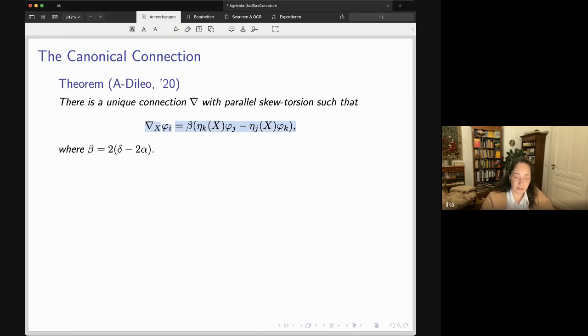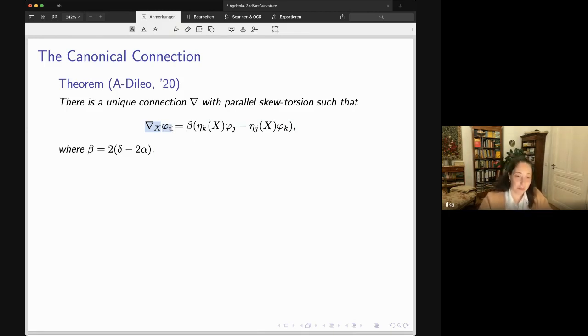And beta, we allowed beta to be a function, but it turns out to be a constant, which you can compute immediately from delta and alpha. Now, this equation might remind you of something. It is too strong to require that these quantities vanish so that the phi_i are parallel.